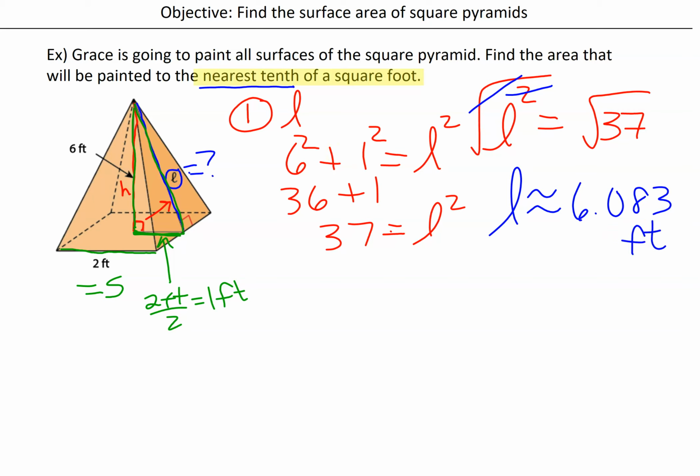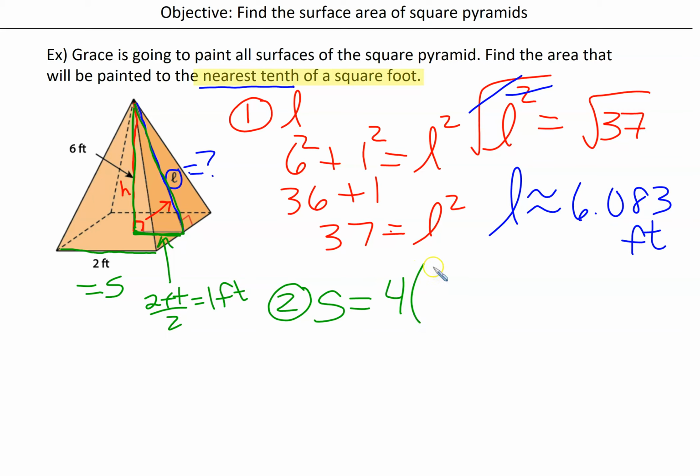So now we should realize that we actually have everything that we need to find the surface area of this pyramid. So our surface area, remember, will be our 4 triangles plus our square base. So we have 4 triangles.